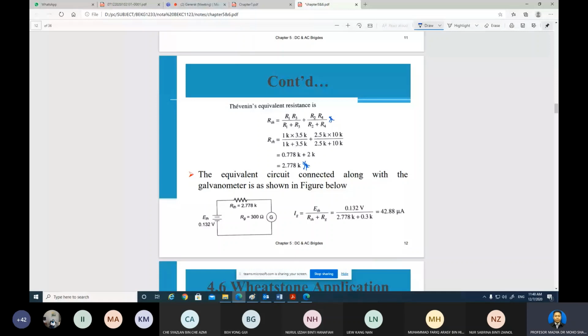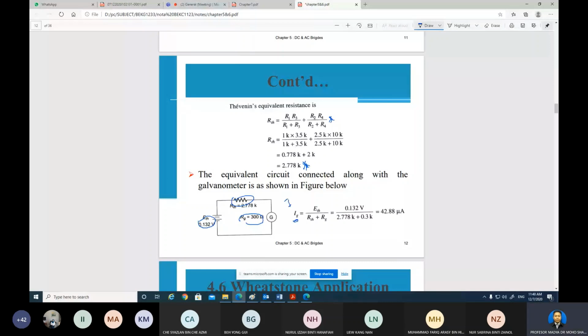And then, as I mentioned to you, this is the overall circuit. We calculated and got this for RTH, and this is also given. The galvanometer resistance is given as 300 ohms, and then automatically we can calculate the current Thevenin, or IG.